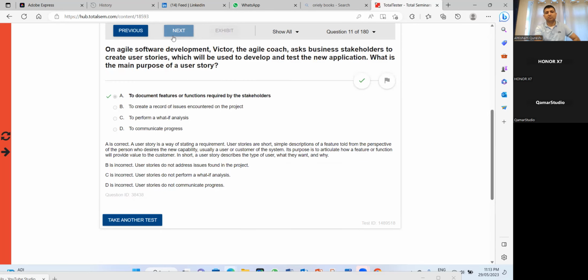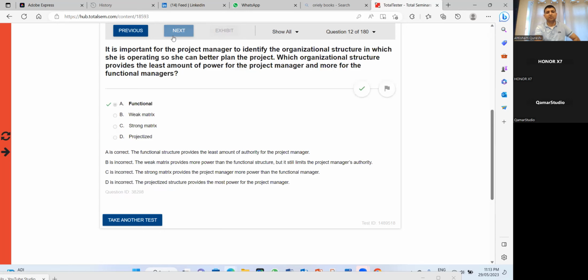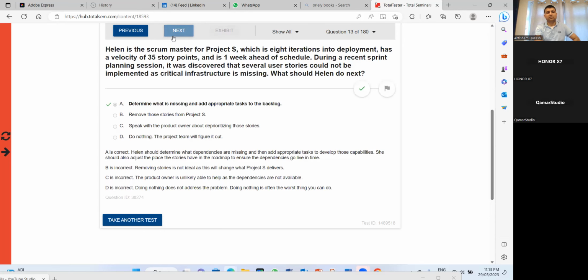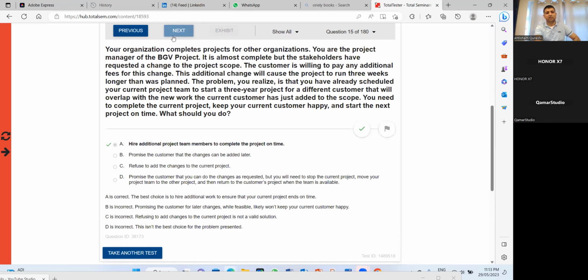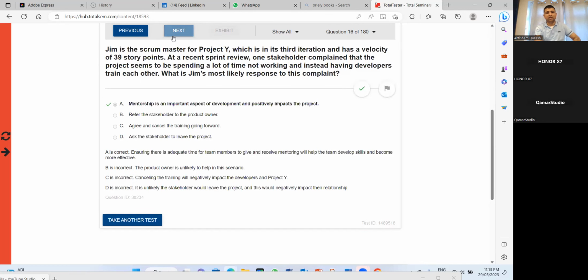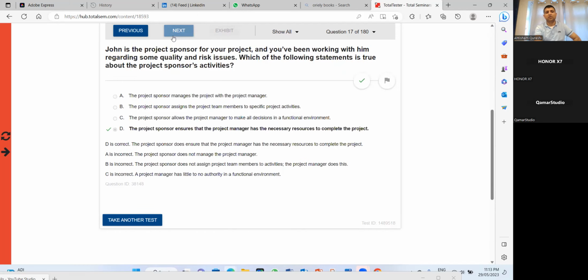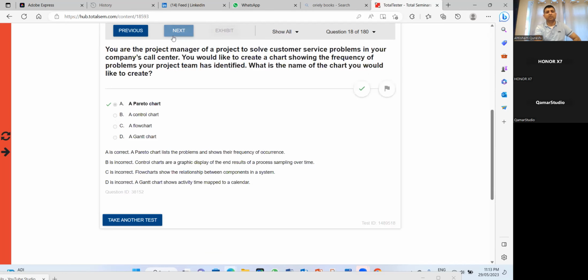Yes. To document features and functions. User story. Functional metrics. Determine what is missing in appropriate tasks and add the task to the backlog. Correct. Defect repair is correct. And hire additional team to complete the project on time is correct. Mentorship is correct. Bravo. Sponsor ensures that the PM has the resources.